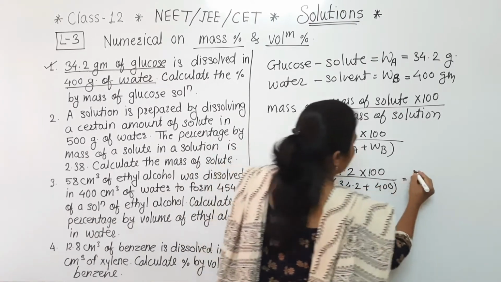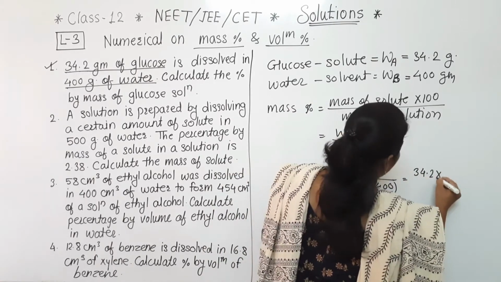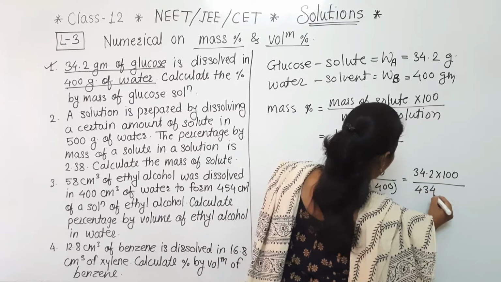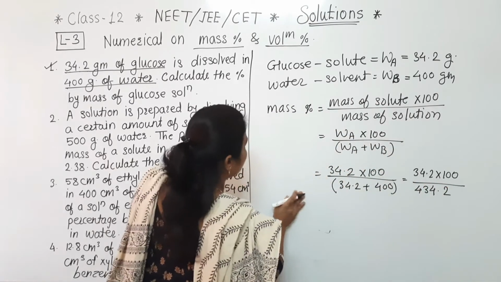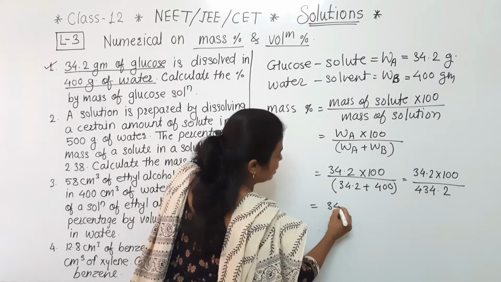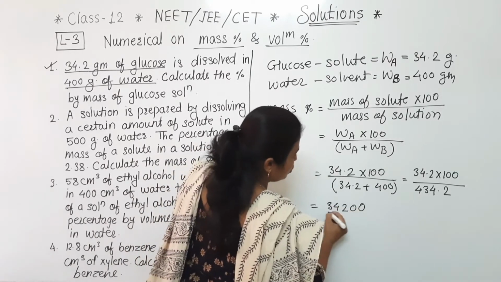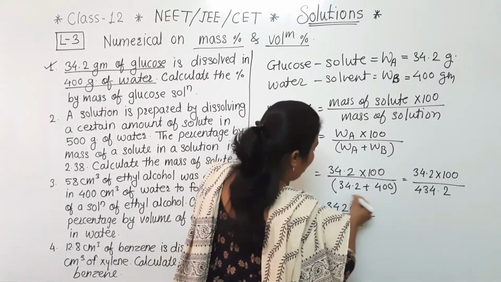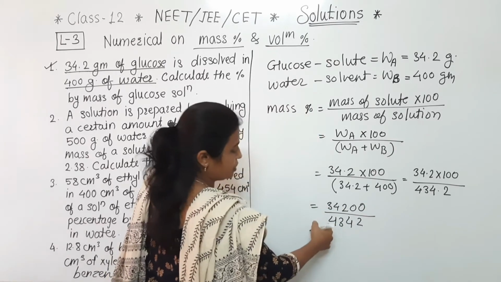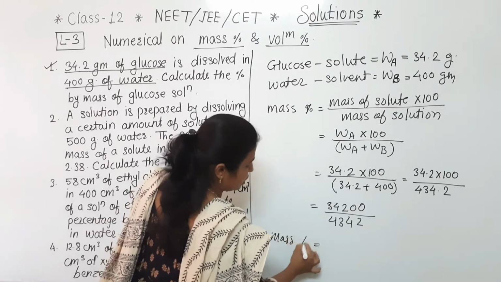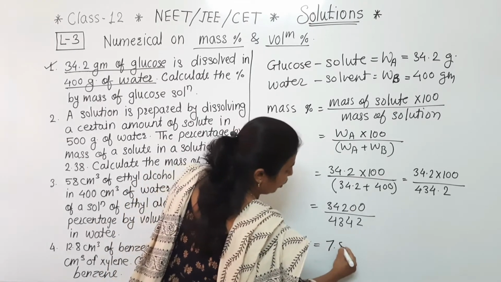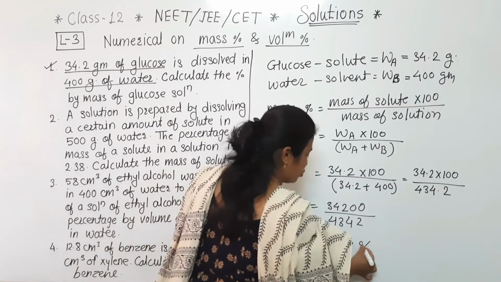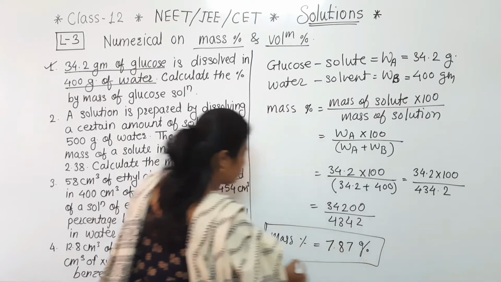After that, 34.2 into 100 divided by its sum, which will be 434.2, and after shifting the decimal we will get 34200 divided by 4342. After this calculation we get the percentage, and that mass percentage is equal to 7.87, or we can say 7.88% also, and this is the answer for this first one.